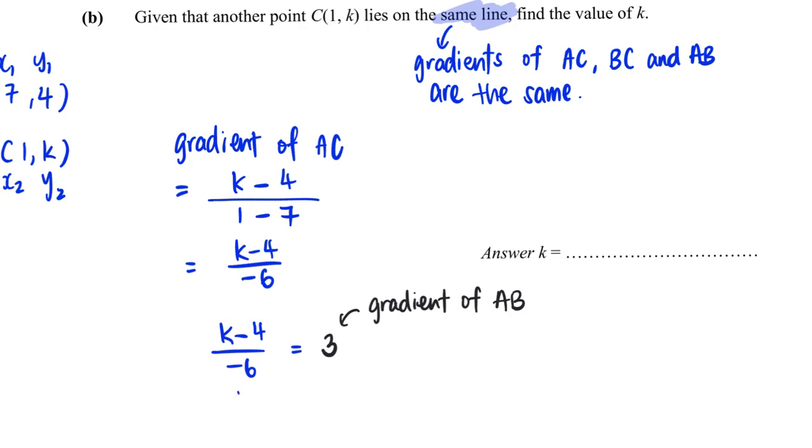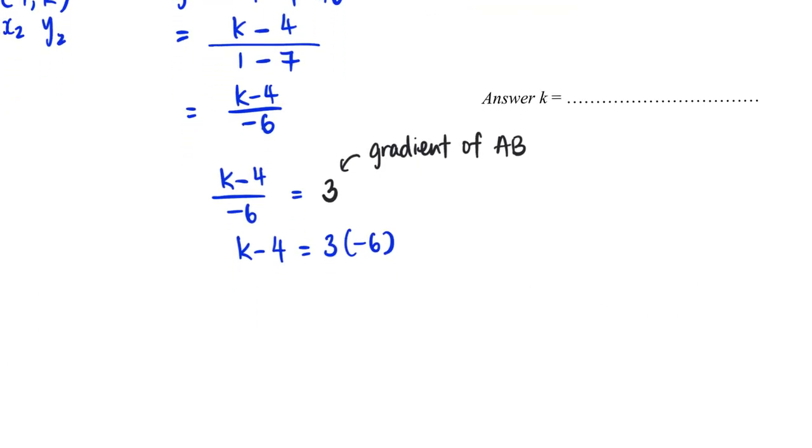Multiply -6 on both sides. Then as we continue to solve, we just need to plus 4 on both sides. And we will eventually get the answer for k, negative 14.